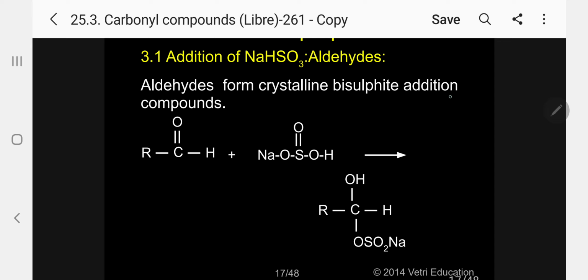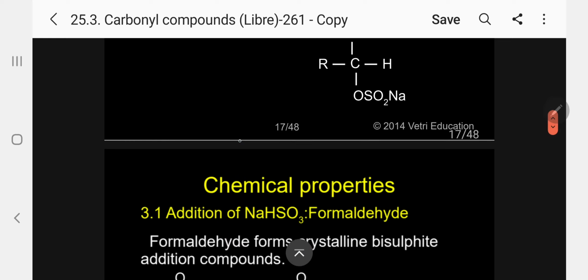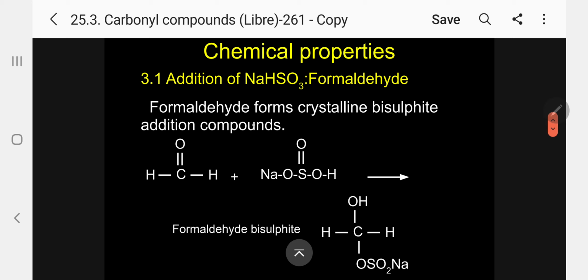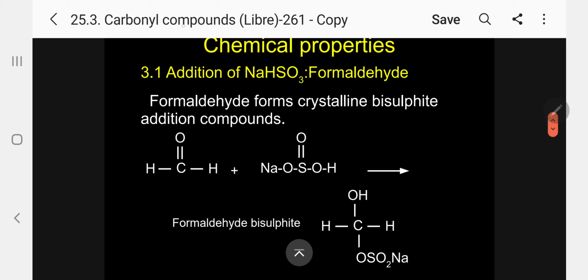Aldehydes form crystalline bisulfite addition compounds. What I am taking, I have shown you in general. This H goes out in the form of H plus, forming this intermediate. This is called the bisulfite intermediate adduct. Further hydrolysis gives the corresponding addition product.